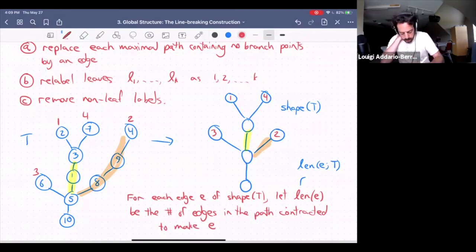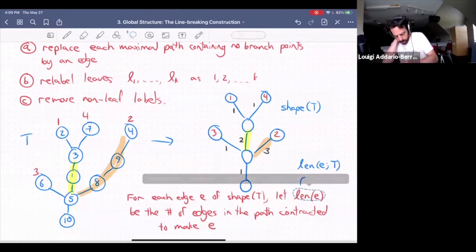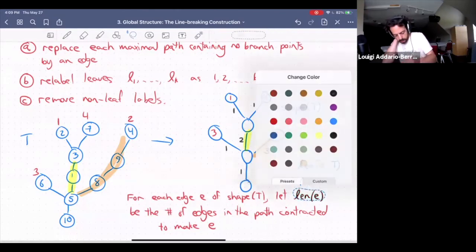Okay, so let me do that labeling here. All of these were just edges already, so they have length 1, and then this path had length 2 edges. This path had length 3. Okay, so that's the labeling by length.